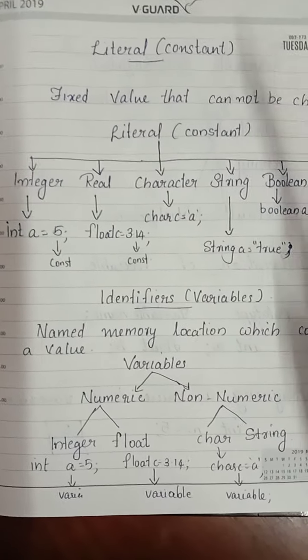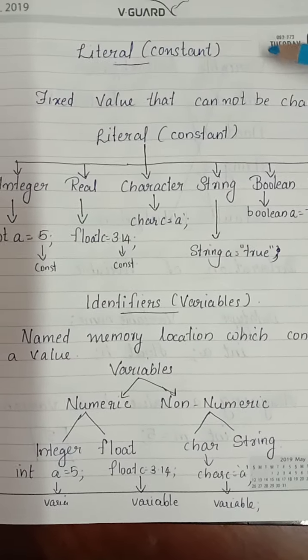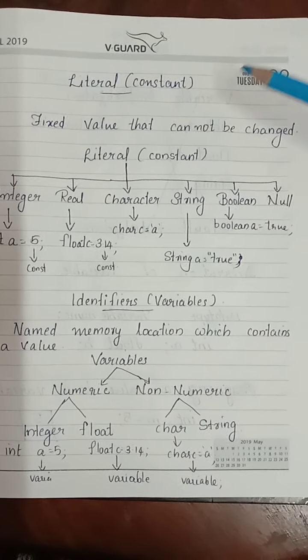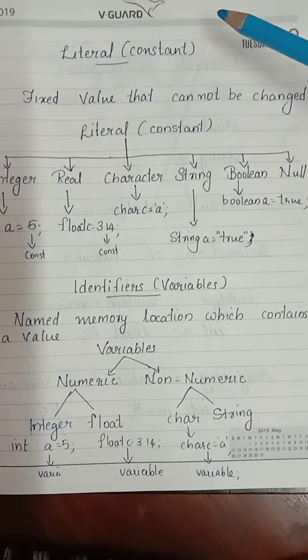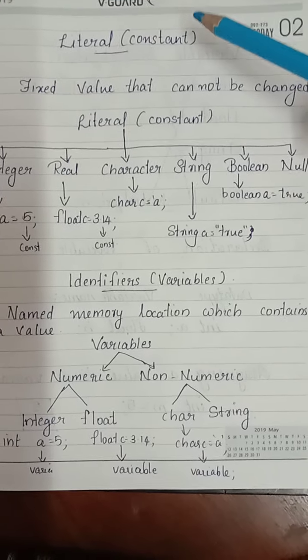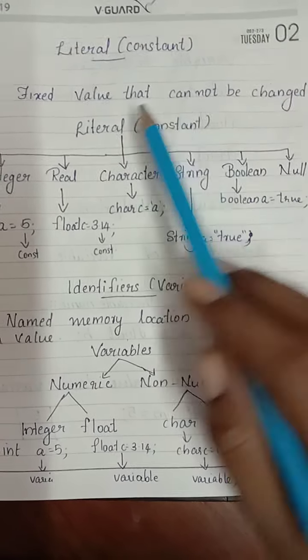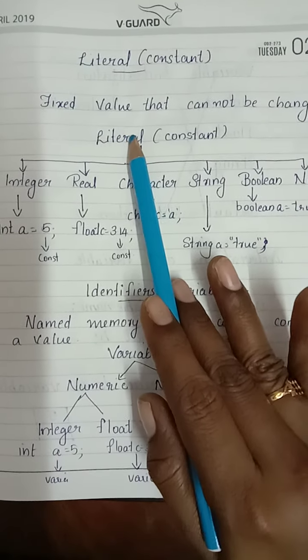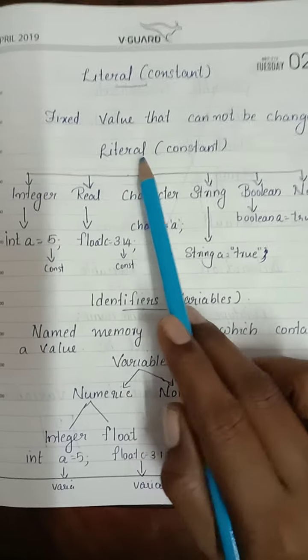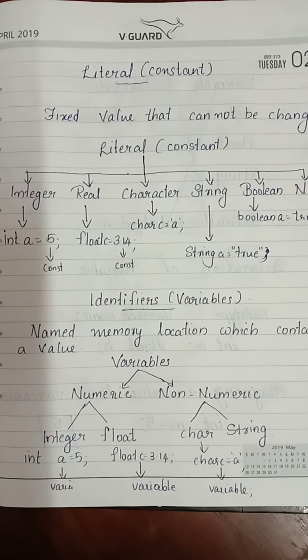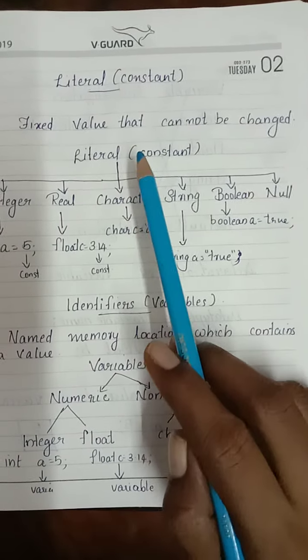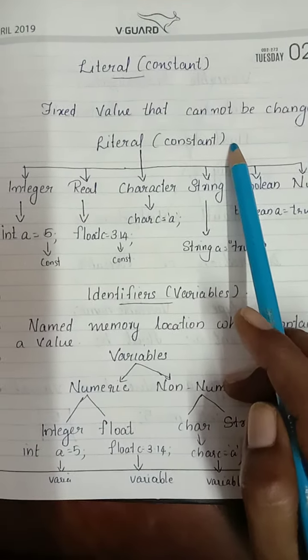Next one is literal or constant. The constants or literals are fixed values that cannot be changed during the execution of a program.